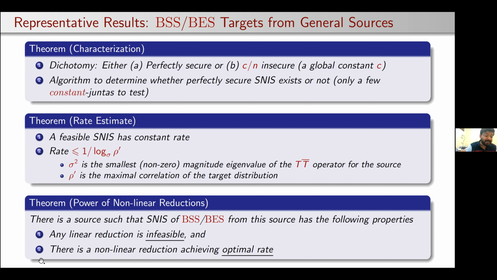I will exhibit this result later in this talk. This is extremely fascinating because this shows that non-linear cryptographic constructions are inherently stronger than linear constructions, which is not typically known in most contexts.